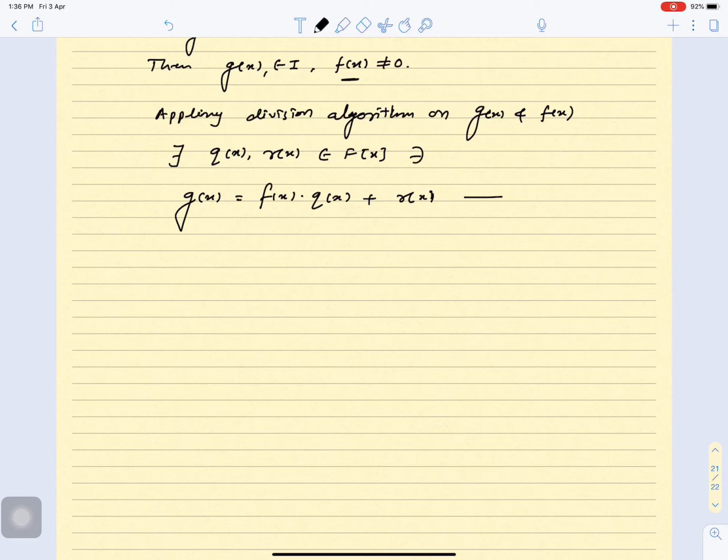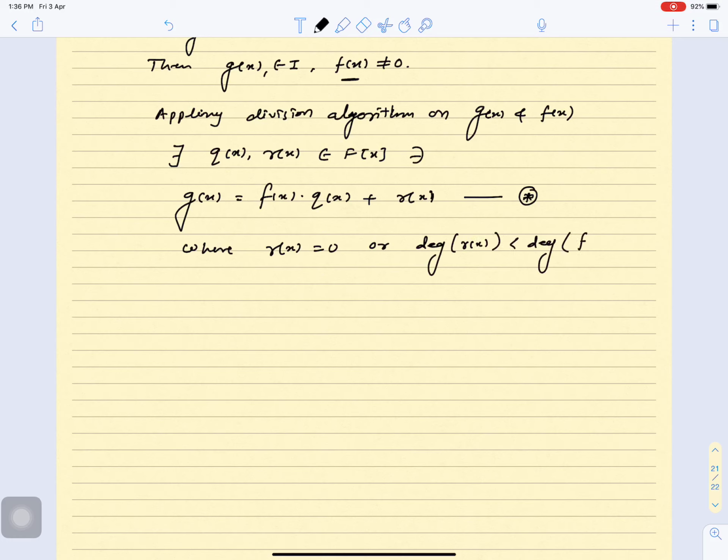This is expression number star. Where this r(x) is 0 or degree of r(x) is strictly less than degree of f(x), and degree of f(x) is k.